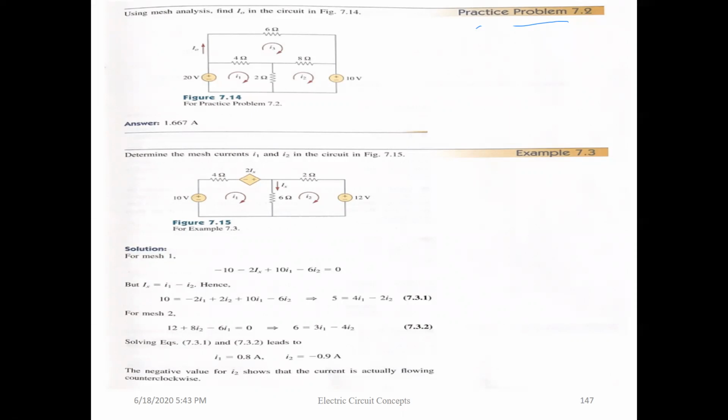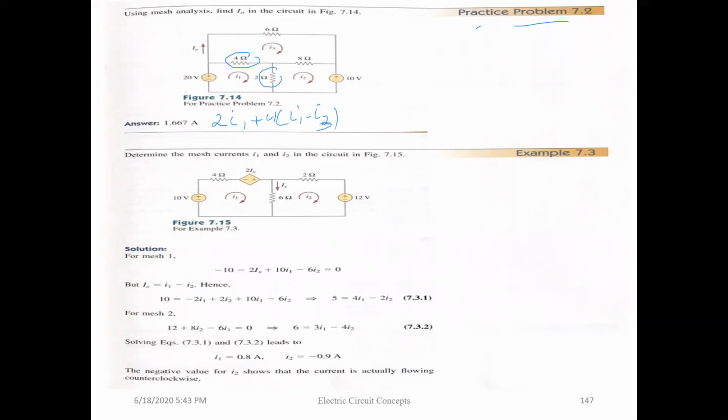So let's start with I1. Again, it will be 2 times I1 plus now 4. The 4, because it is common between I1 and I3, so it will be 4 multiplied by I1 minus I3, sorry, this is I3.